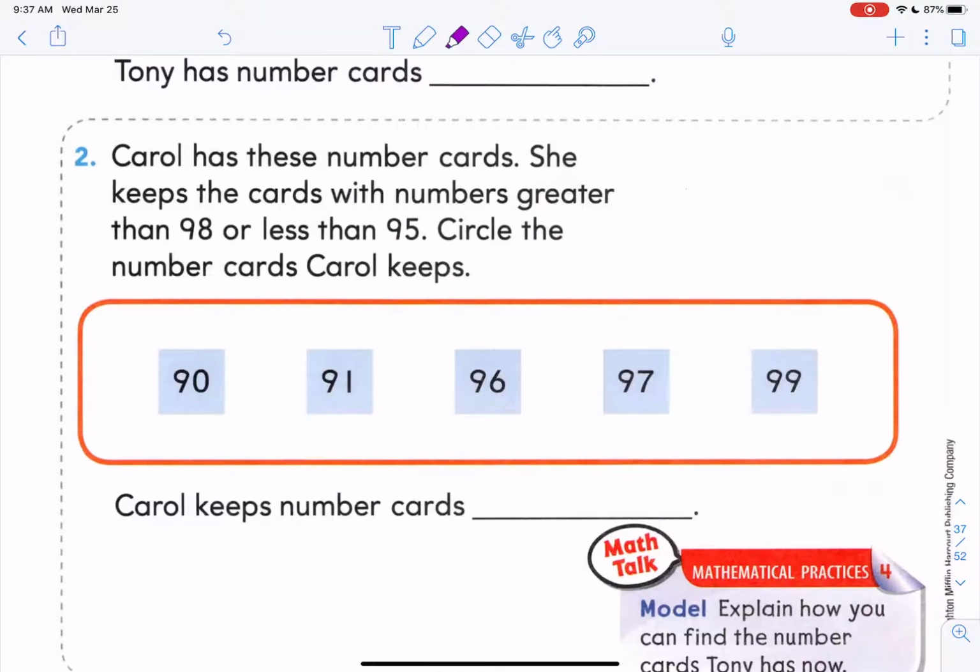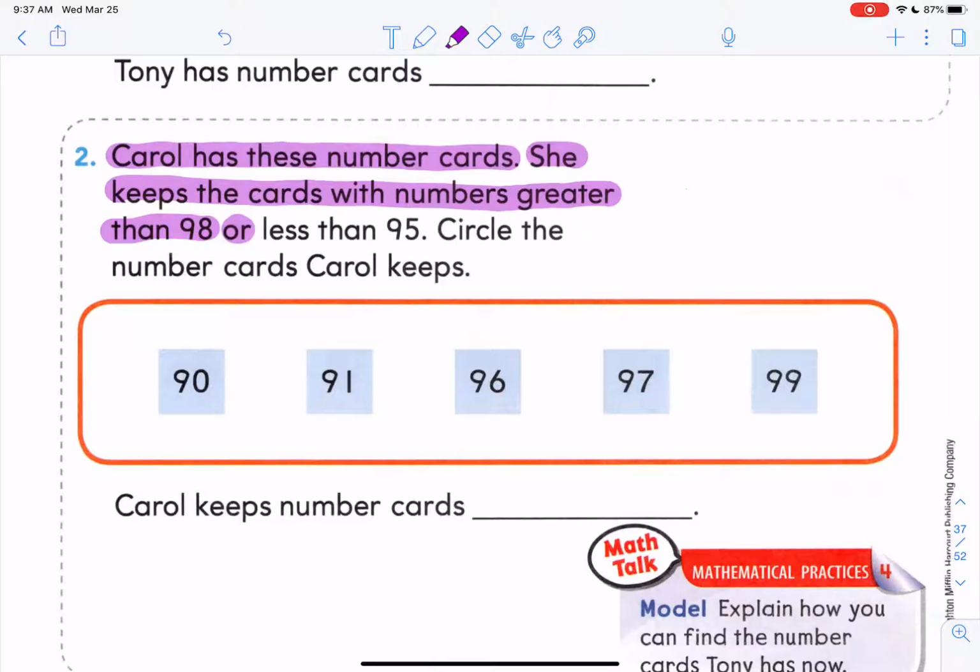Carol has these number cards. She keeps the cards with numbers greater than 98. Oh, this is a little bit different. She's going to keep the cards that are greater than 98. And then we've got this word or, and it's tricky.